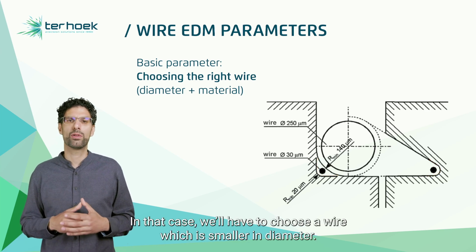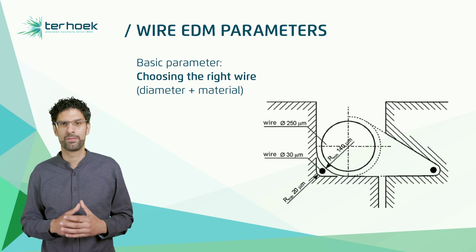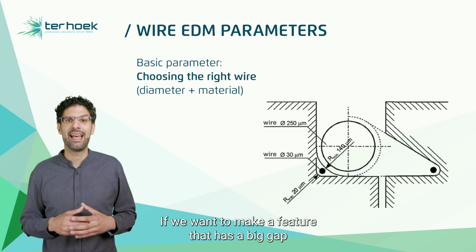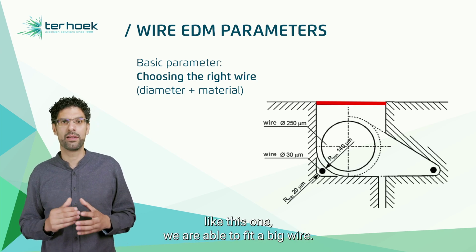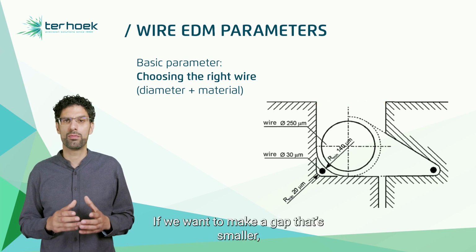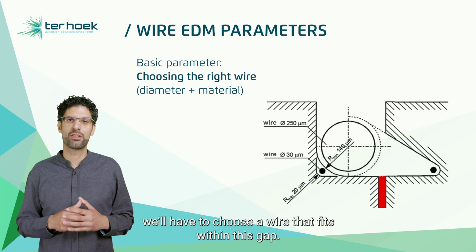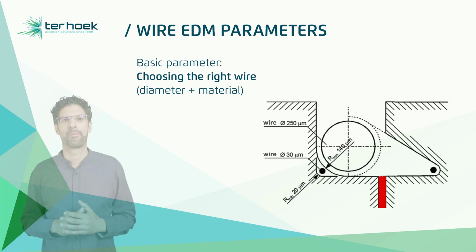In that case, we will have to choose a wire which is smaller in diameter. If we want to make a feature that has a big gap like this one, we are able to fit a big wire. If we want to make a gap that is smaller, we'll have to choose a wire that fits within this gap.